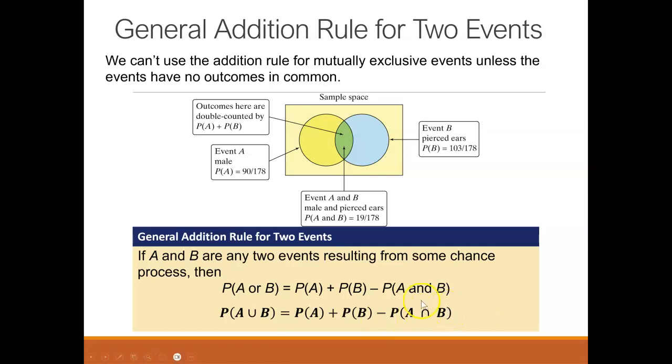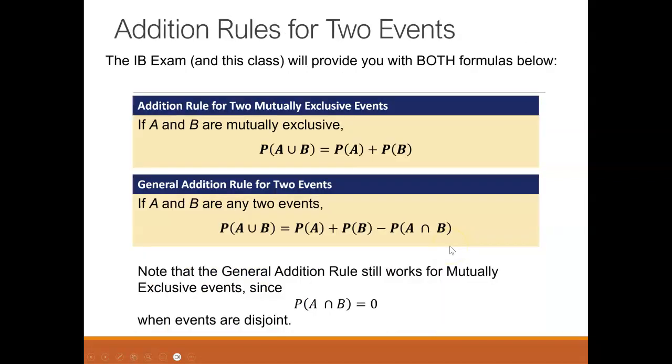If they're mutually exclusive, the intersection is empty, so there are no events there, and it has a 0 probability. So here are two main formulas: mutually exclusive, and then two events in general. Honestly, folks, everything becomes this one, and if it's mutually exclusive, I just fill in a 0.